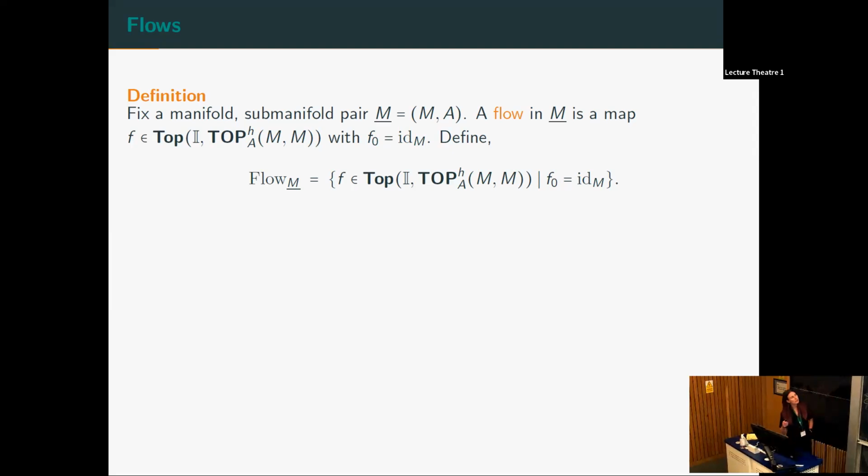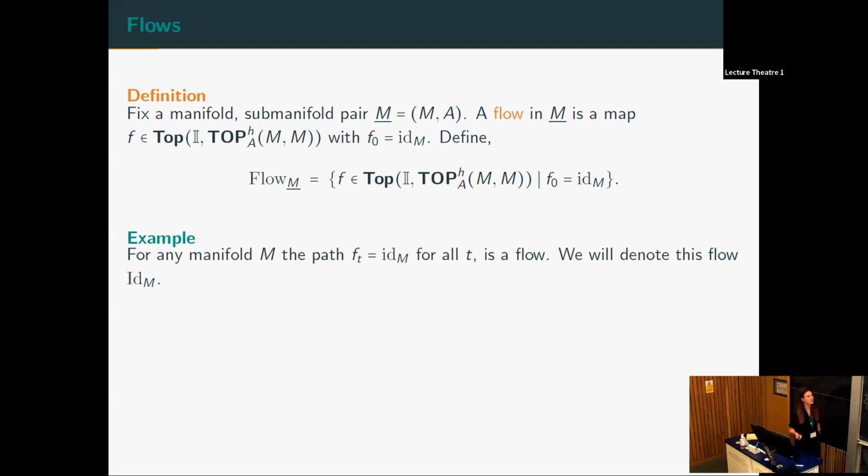So this is just a path in the space of homeomorphisms of M which fixes the subset A. And then we add the condition that these paths must start at the identity homeomorphism. I'm giving this set the notation Flow(M).